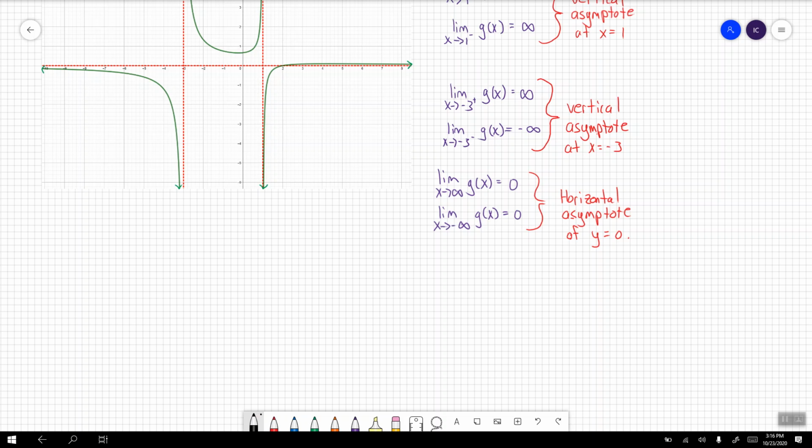So for these examples, we're going to want to find the limit, or show that it does not exist.